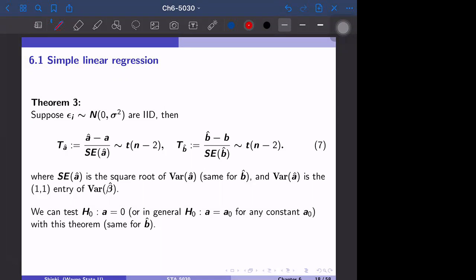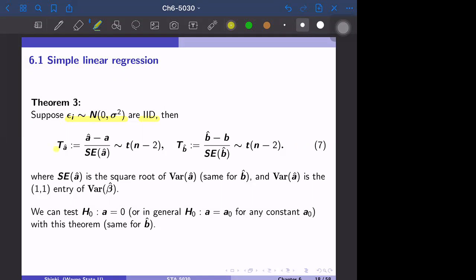And here we introduce the test statistic and how to test A and B. Suppose that epsilon follows normal, 0, sigma squared. So we need a specific assumption about the distribution of epsilon, and the epsilon i's are IID, independent and identically distributed.